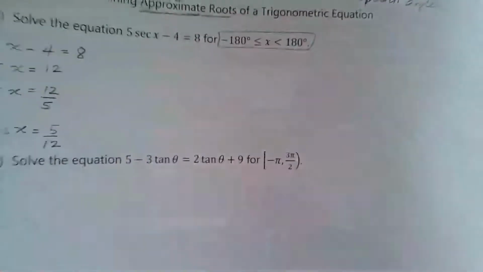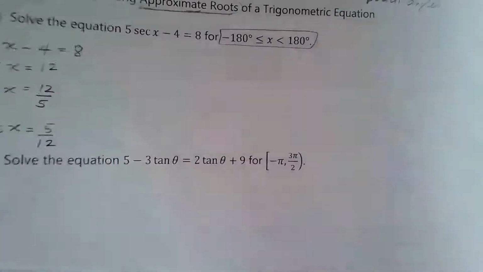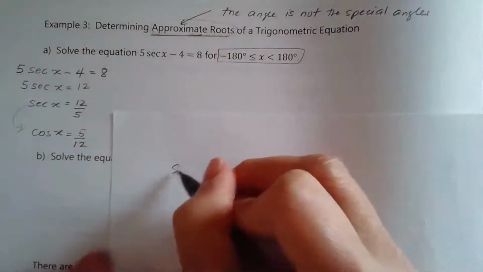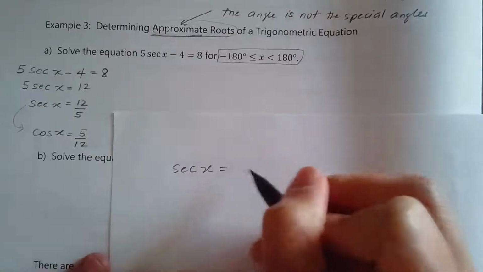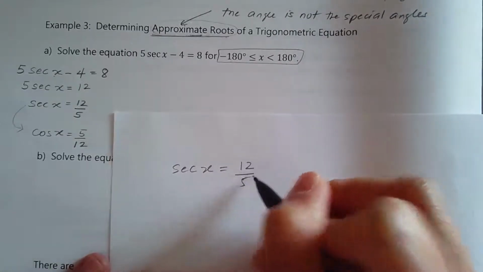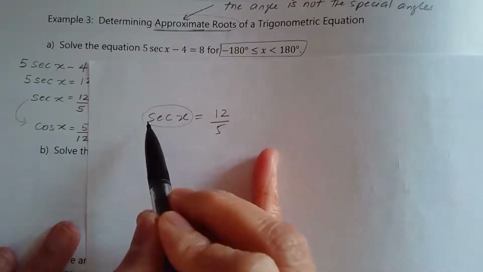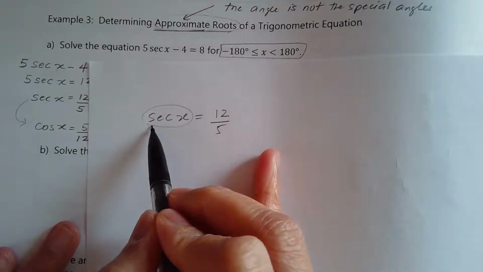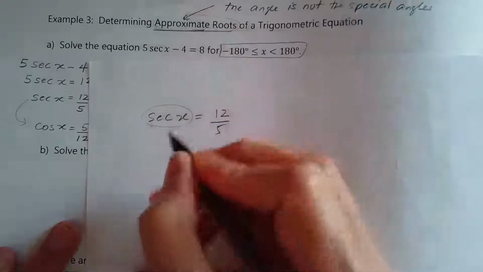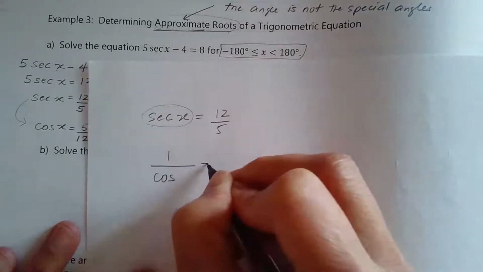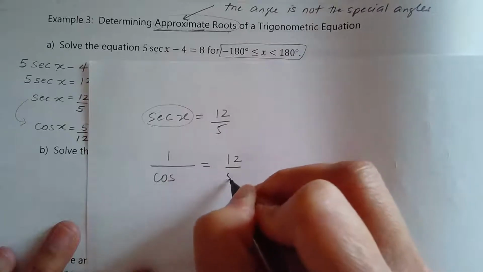We know that the secant of x equals 12 over 5. If I want to express that as a cosine, secant is the same thing as 1 over cos x, so 1 over cos x equals 12 over 5.